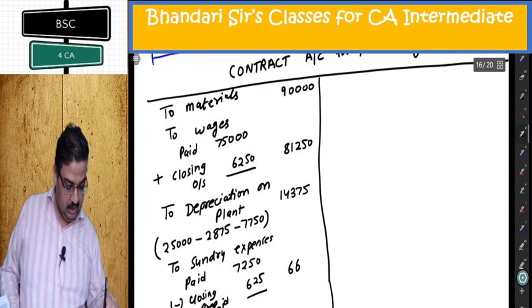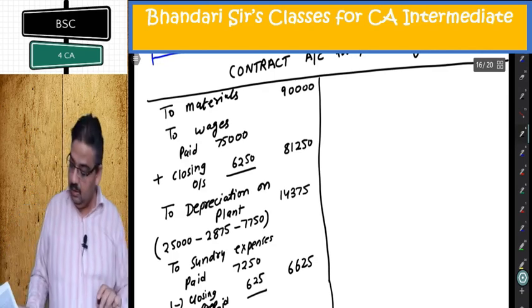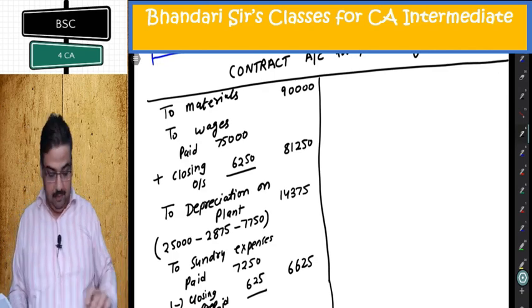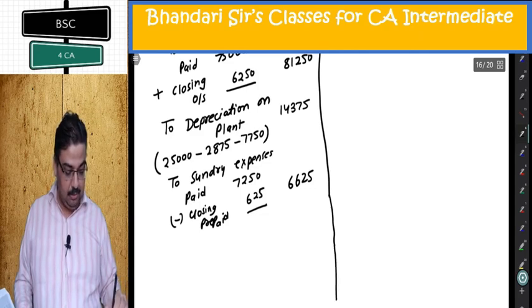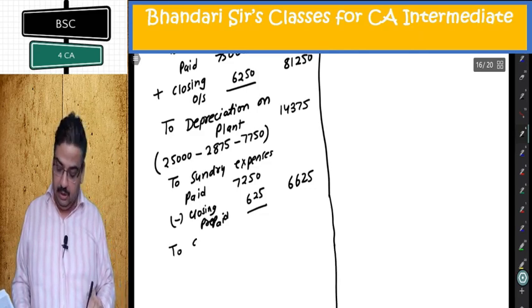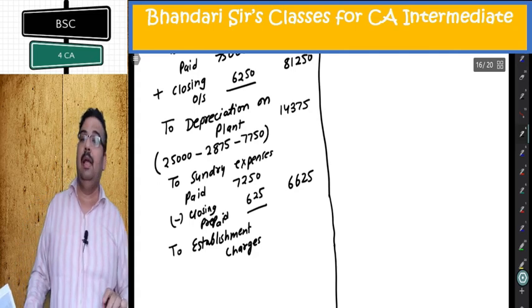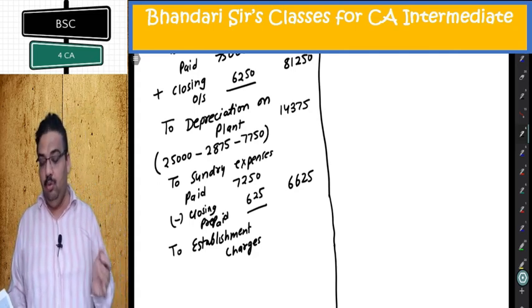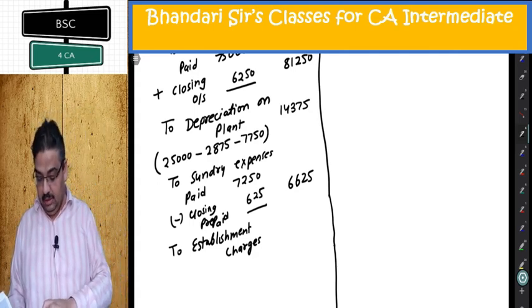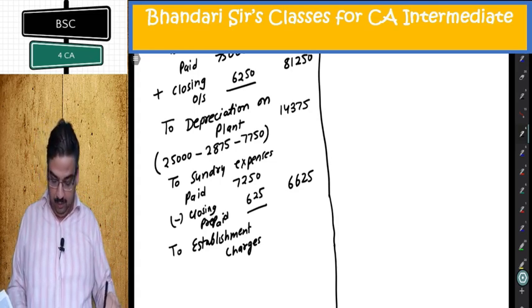This is 6625. Establishment charges. Again revenue expenditure. Establishment charges. It is not a capital item like land and building. It is charges. Annual expense related to establishment. 14625.